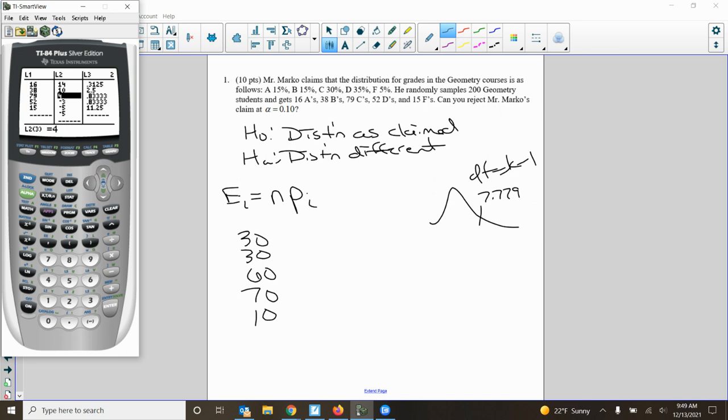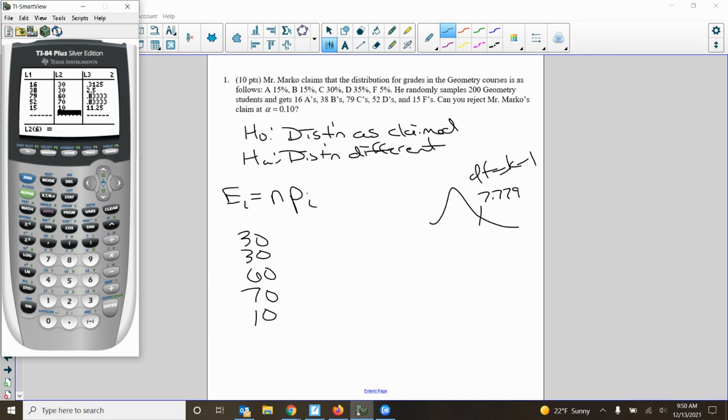That's the observed column. Here's the expected column: 30, 30, 60, 70, and 10. There's a good amount of difference here, especially with the A's and the F's, quite frankly. I mean, that's 50% off. So let's see what happens.